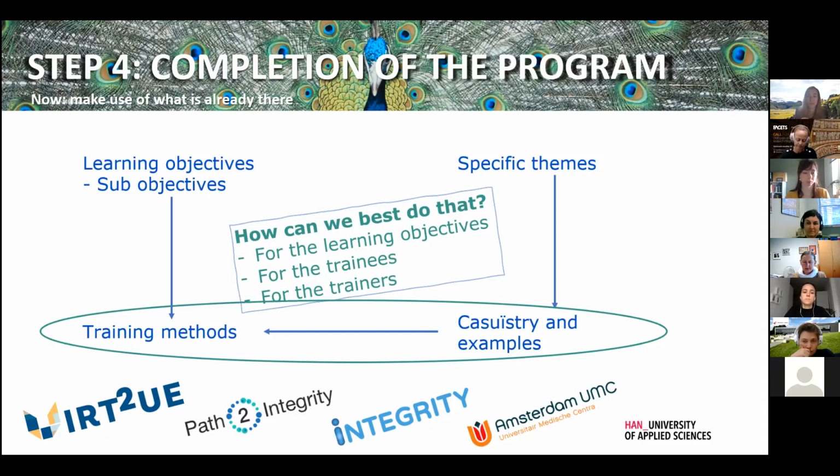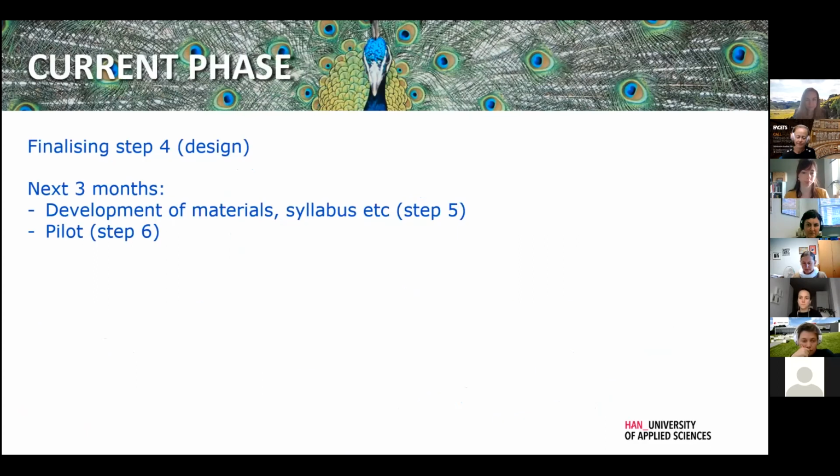So for example, a specific case history based on the stories that they told in the interviews, or specific topics that they addressed that are more specific to the universities of applied sciences. But then it's a small effort to make a new training program if you can make use of all this, what is already there.